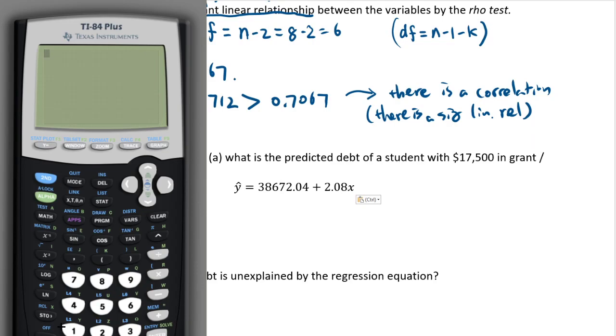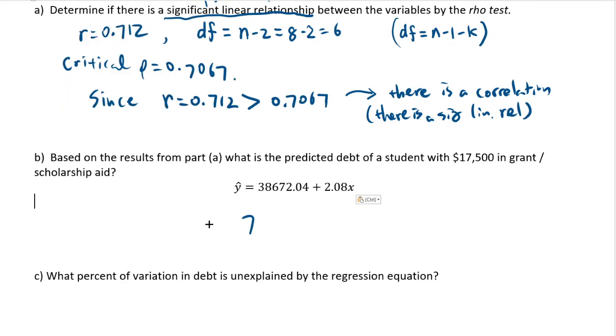So it's 38672.04 plus 2.08 times 17,500. Enter, and 75072.04 is the value.